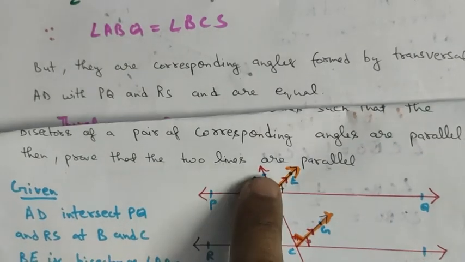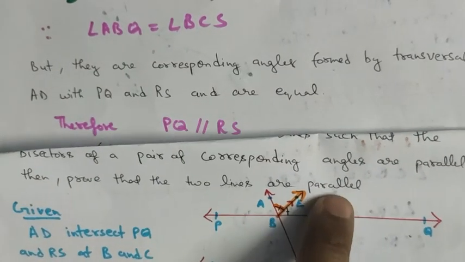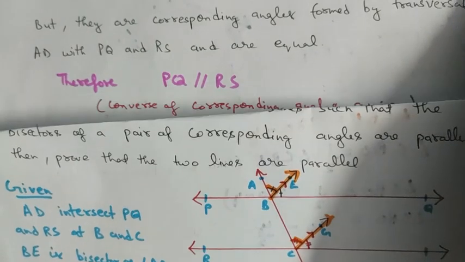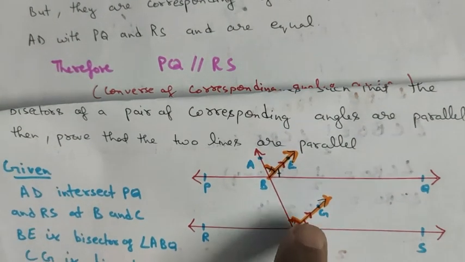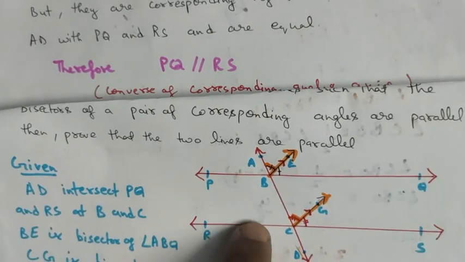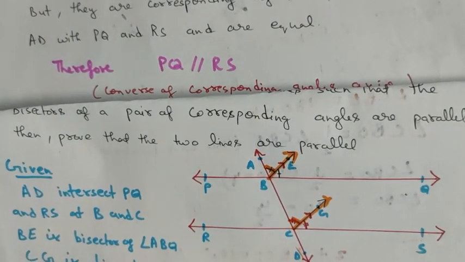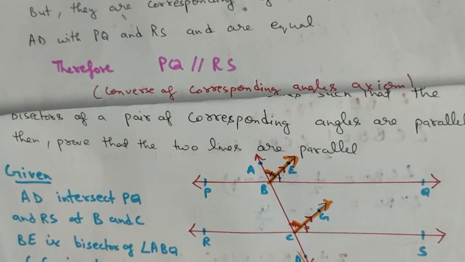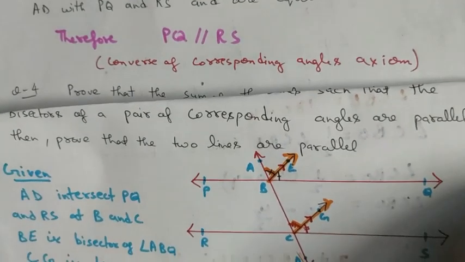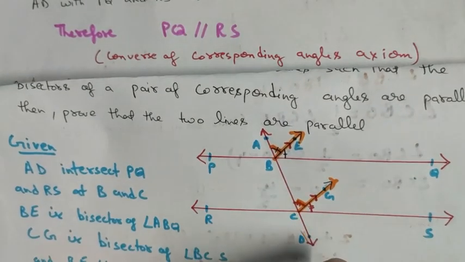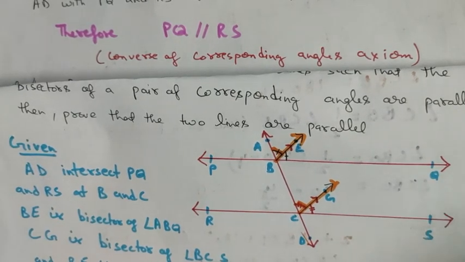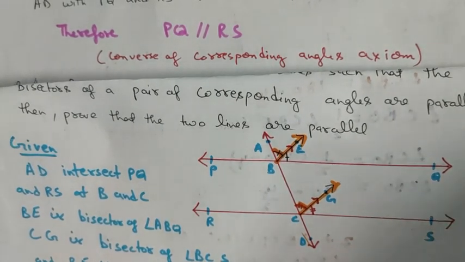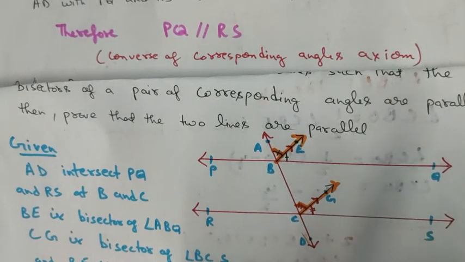And they are equal also. Therefore, by the converse of the corresponding angle axiom, PQ is parallel to RS. This is what we needed to prove. What is the converse of the corresponding angle axiom? Just a quick revision: when the corresponding angles are equal, then the given pair of lines will be parallel to each other.